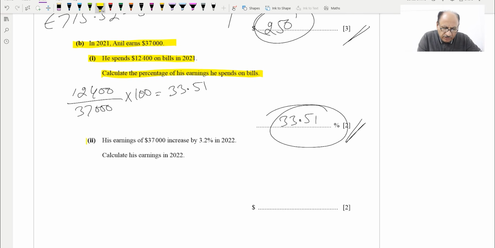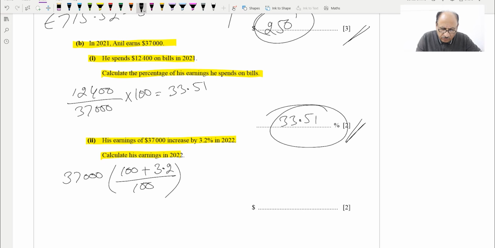Second part, his earnings of 37,000 increased by 3.2% in 2022. Calculate the earnings in 2022. So an increment of 3.2%. The original is multiplied by 100 plus the percentage increase 3.2, divided by 100.